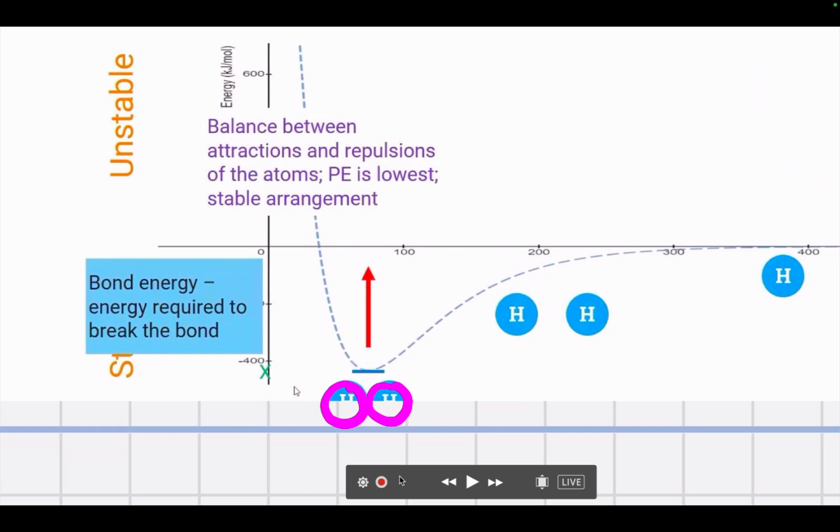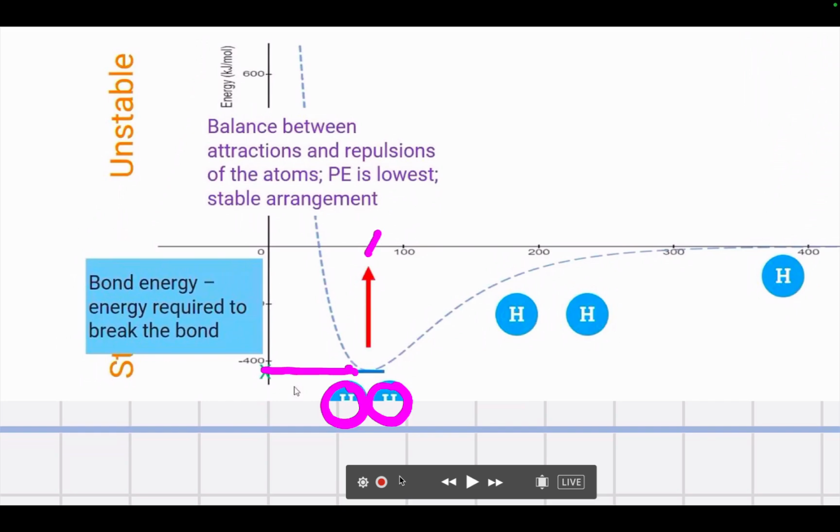This corresponds to the lowest amount of energy, which means it's most stable at this distance apart. It balances the attractions and the repulsions, because the electrons are going to repel one another from one atom to another, but this is a good balance at this ideal distance.